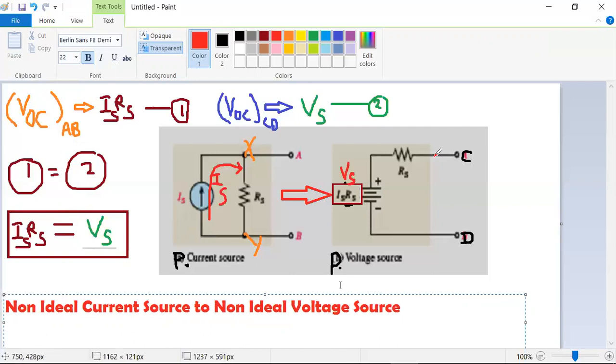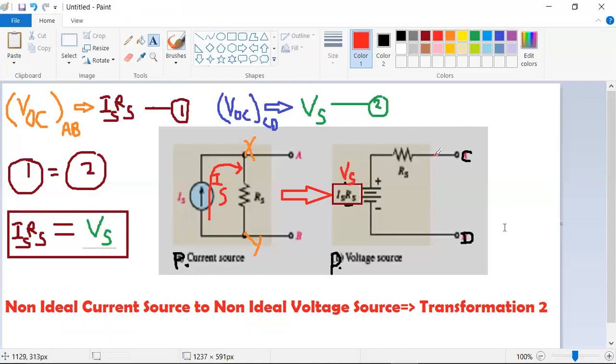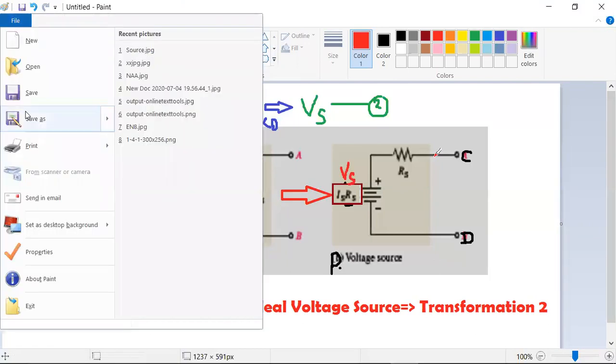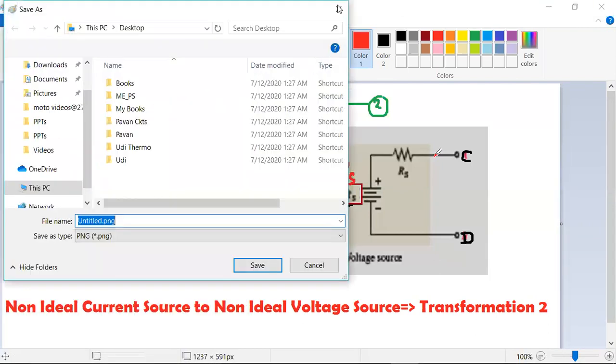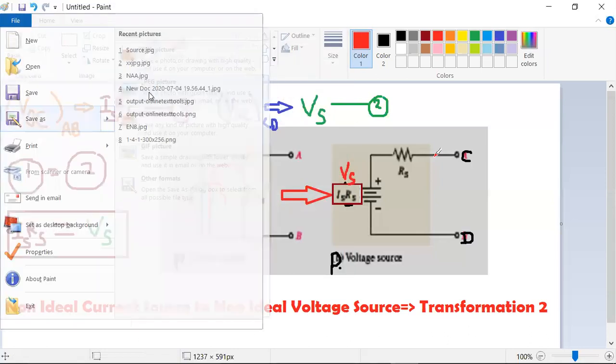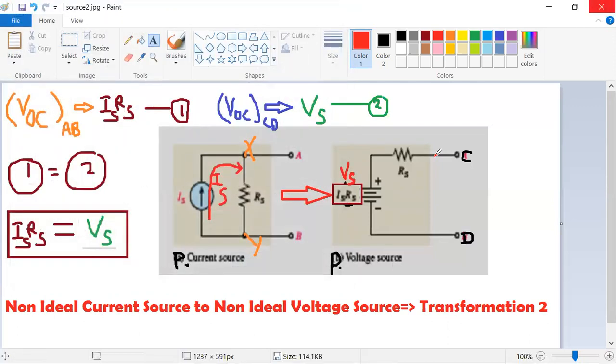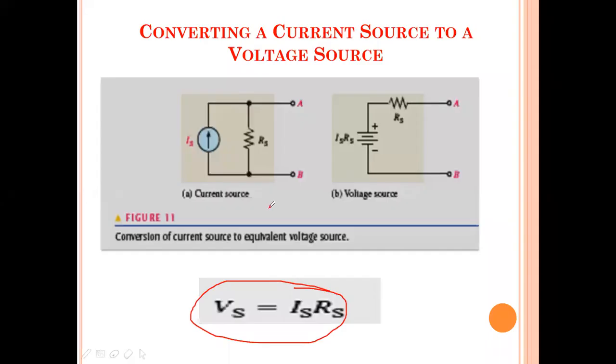The transformation number is 2. So let me save it, and then move to our PPT.